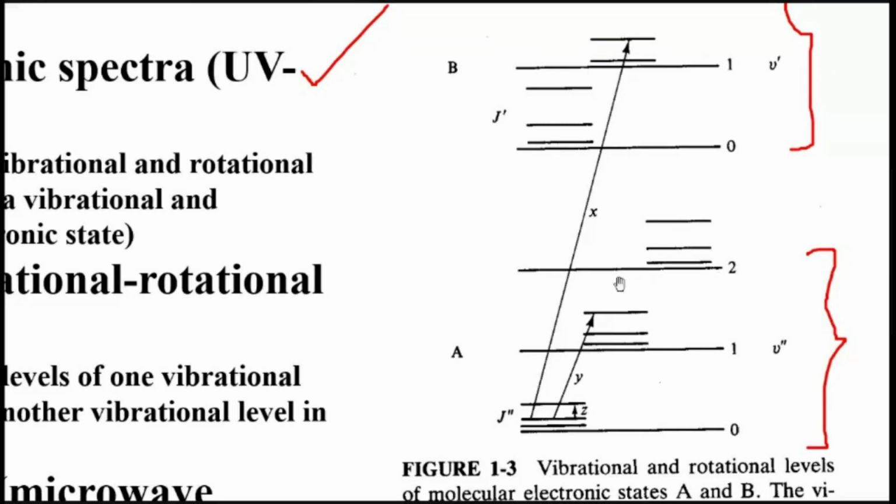When the molecule absorbs energy, it is absorbed by the electrons in different molecular orbitals. These lines represent different molecular orbitals, and their level indicates the energy. Like here, the second molecular orbital is at a higher electronic state than this one, and this is at a higher energy state than this one.